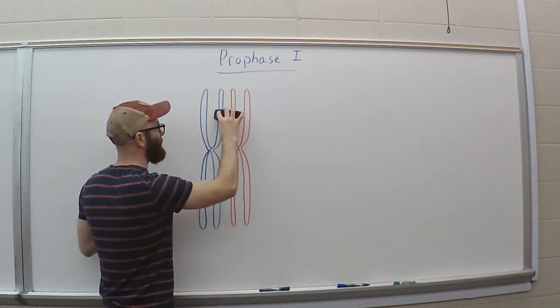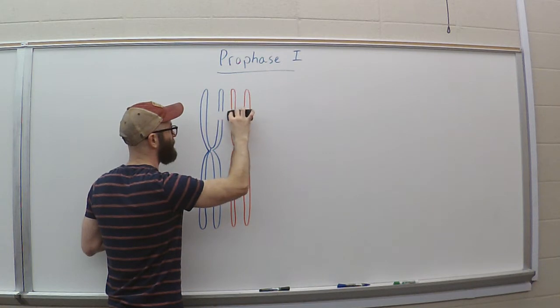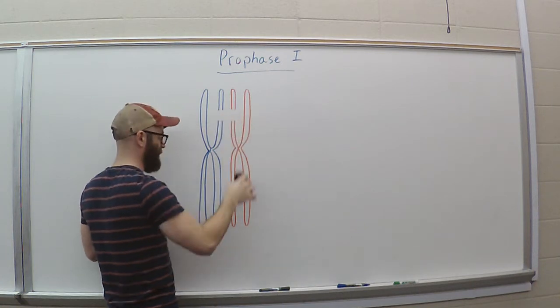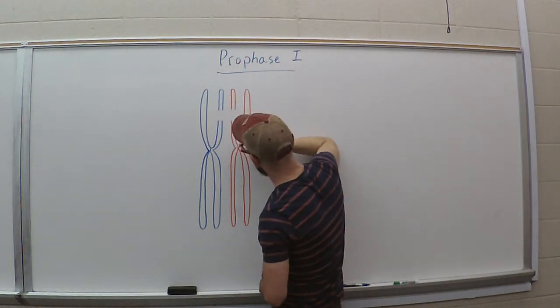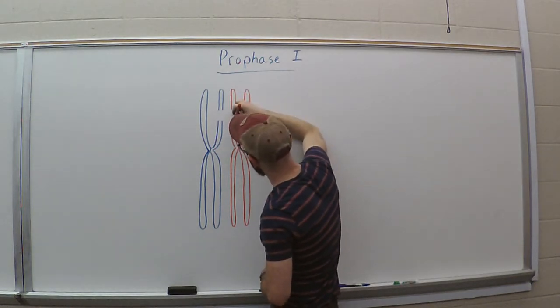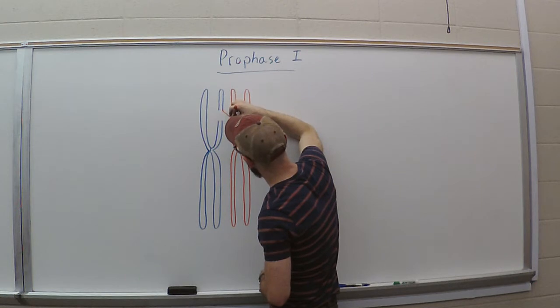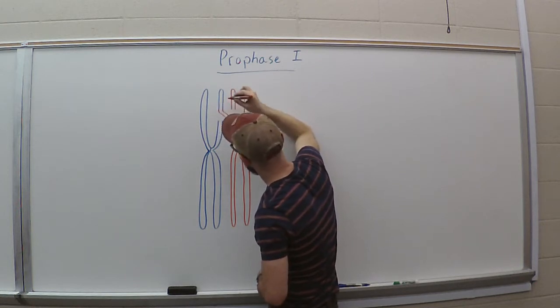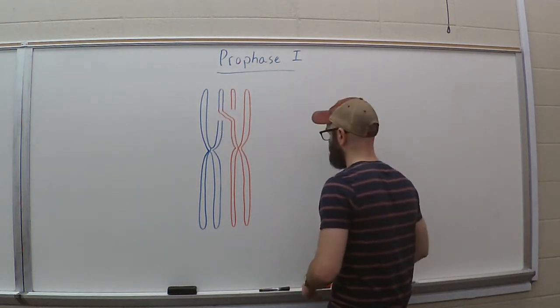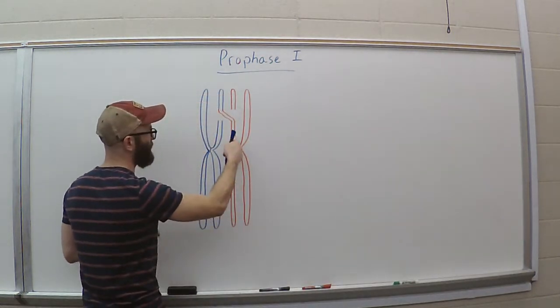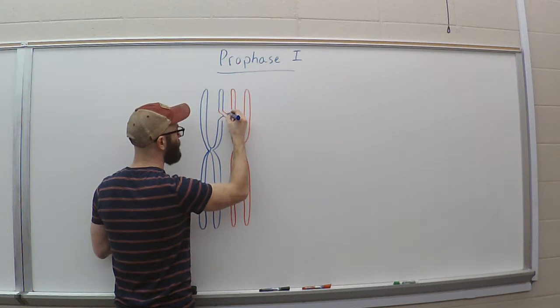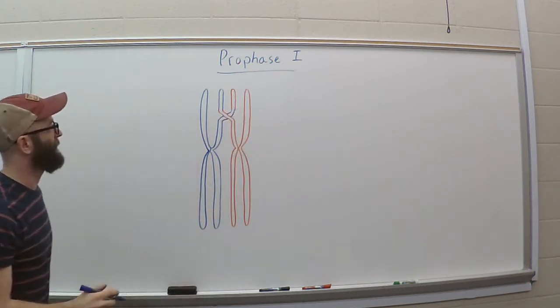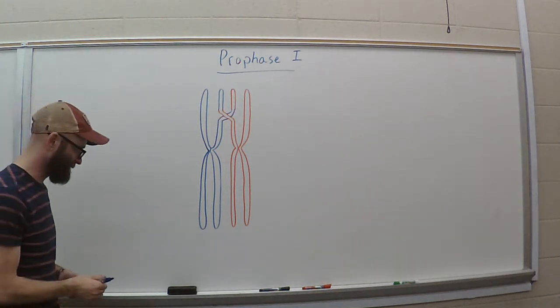So they'll get clipped at one point, and then this chromatid will be recombined with that one, and then this chromatid will recombine with that one, right?